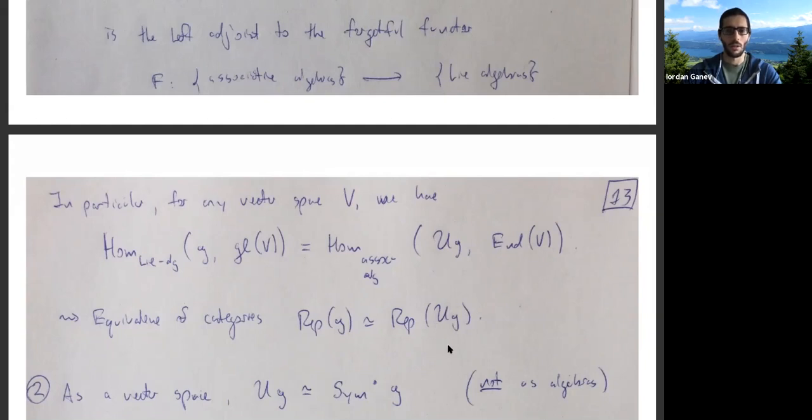And sometimes it's easier to think of things as representations of a certain algebra as opposed to a Lie algebra. There's maybe more techniques that we can use. There's more structure. But sometimes it's nice to have something that's just finite dimensional, so we can go back and forth.